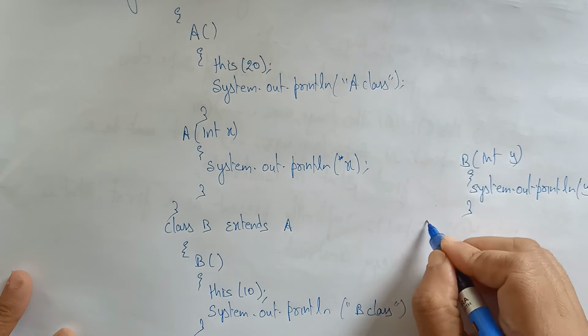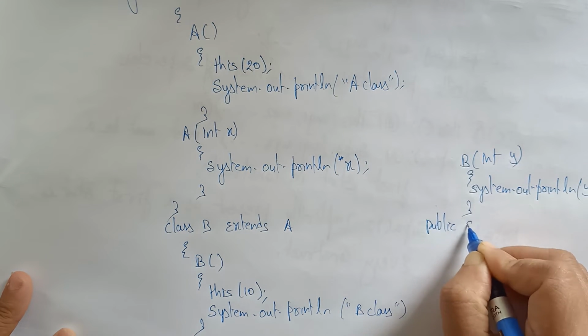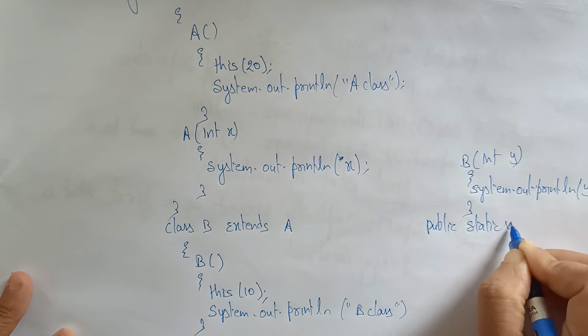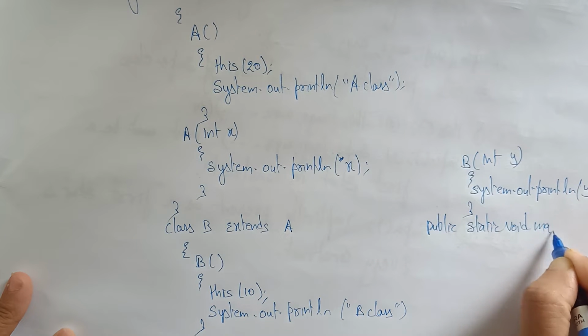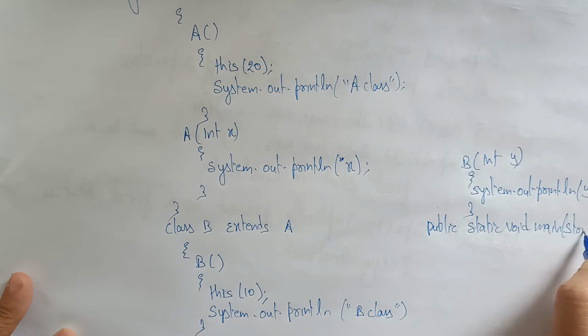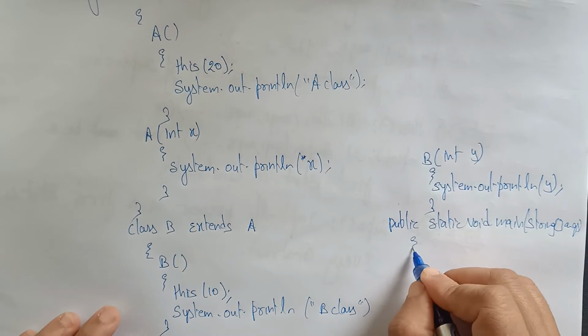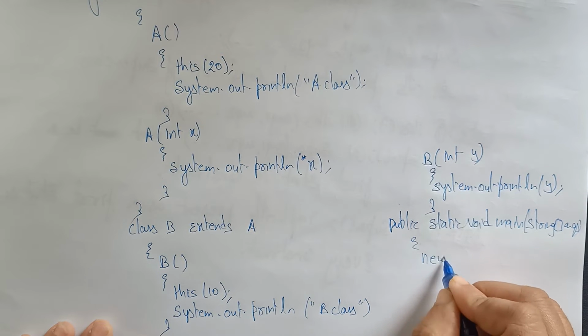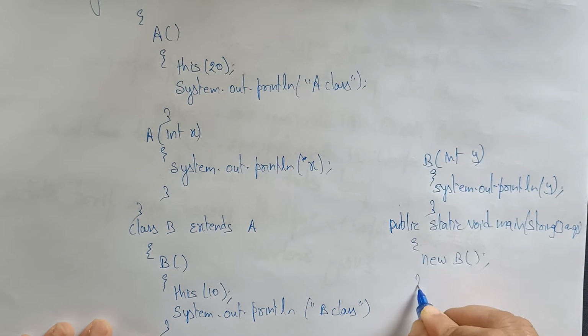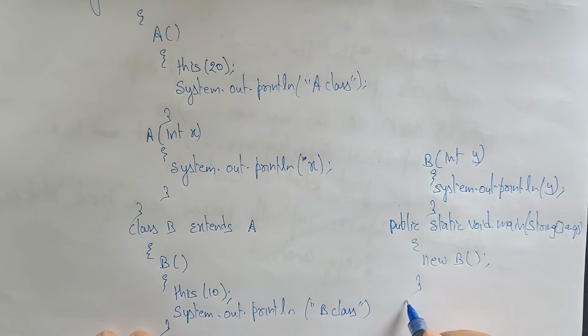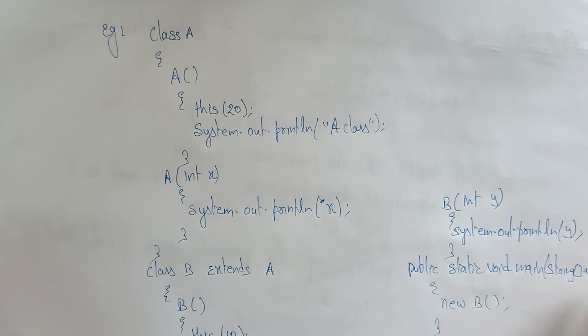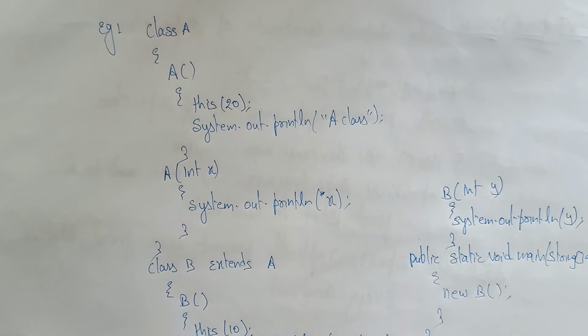Within the B class only, public static void main(String[] args). So create an object: new B, the object is created. I simply created the object, close the class B also. Now what is happening here? What will be the output? Let's see the flow of the program. So first, what is happening?